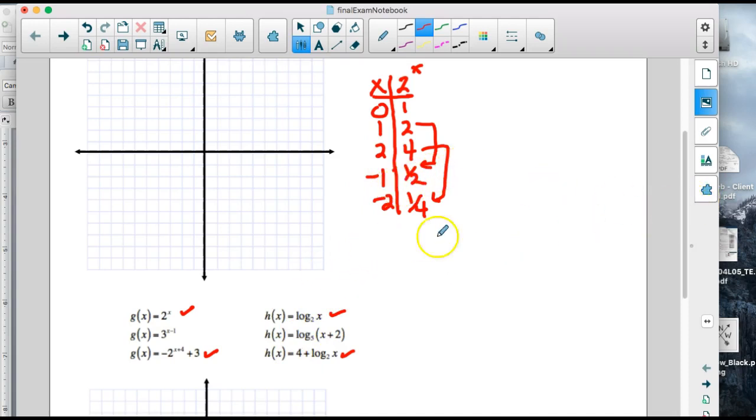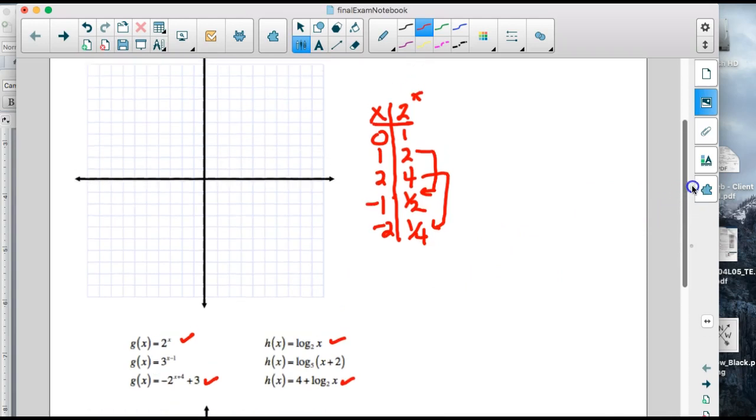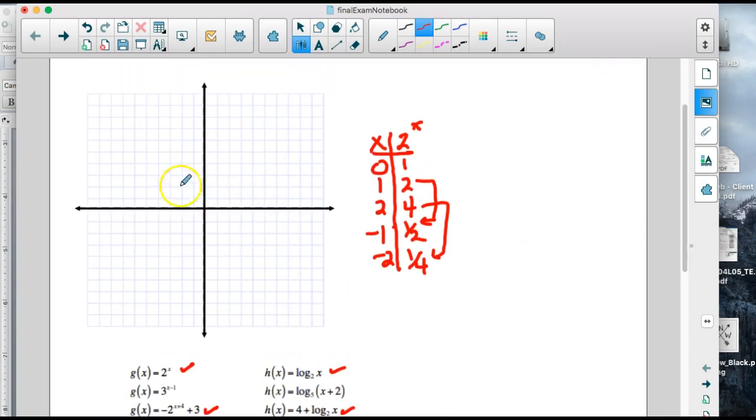This one actually is g of x, so if we graph this one here, it would be g of x. So we would start off with -2, 1/4, which is this value here, and then 1/2, and then 1, and then 2, and then 4.